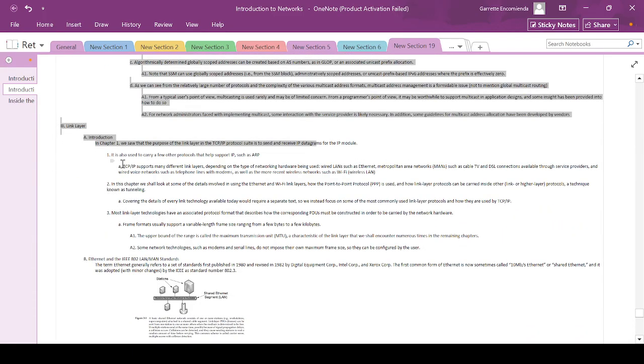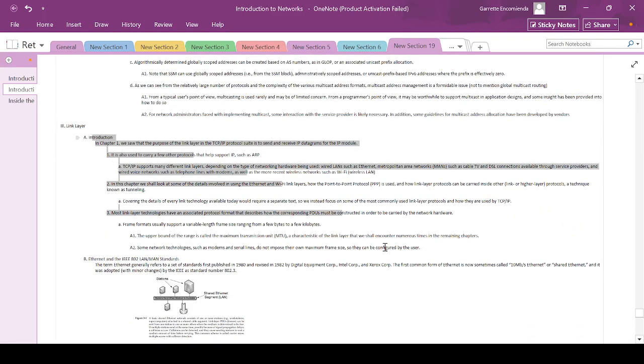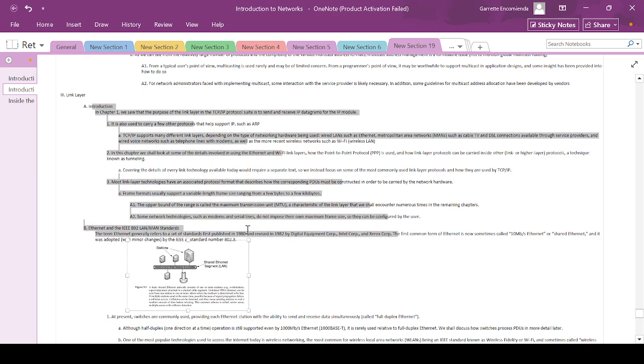So, link layer introduction. In chapter 1, we saw that the purpose of the link layer in the TCP/IP protocol suite is to send and receive IP datagrams for the IP module. We also discussed in the previous video how it is called a frame, instead of a segment for the transport layer or a packet.